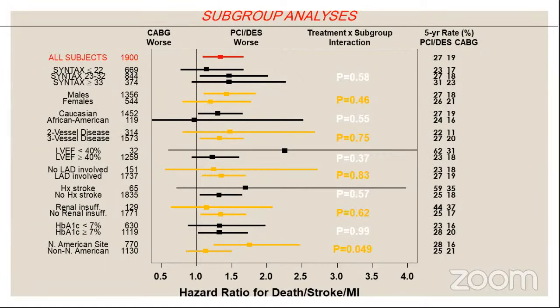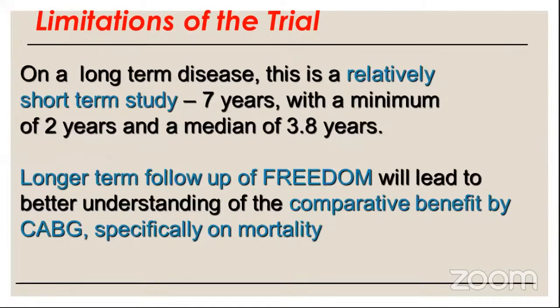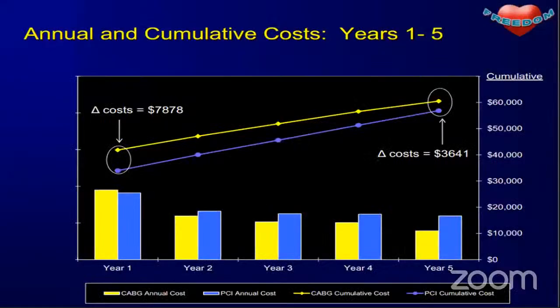The other thing is that they looked at the cost over only 5 years collectively, but the study went on for 7 years, with some patients living even beyond that. We all see that the longer the patient lives, the more cost they have if they undergo the PCI route.